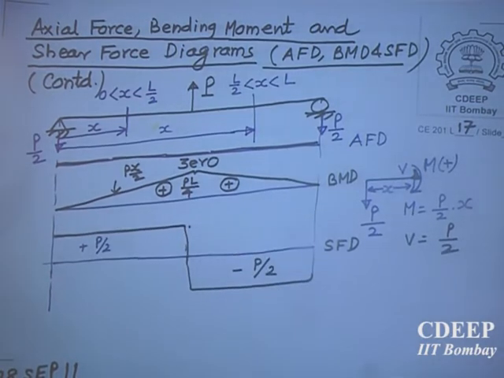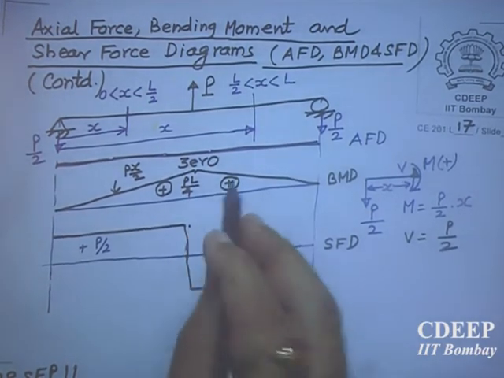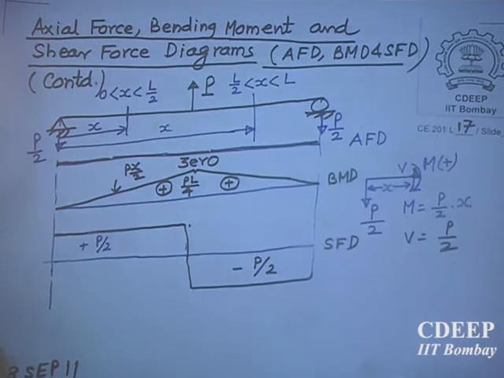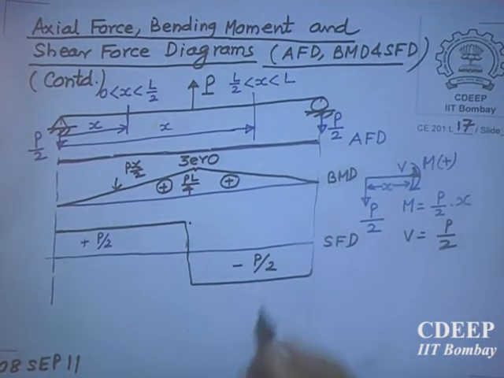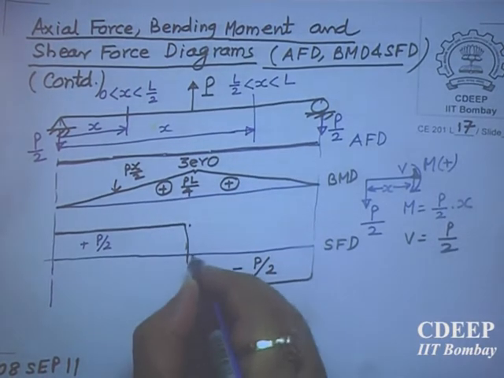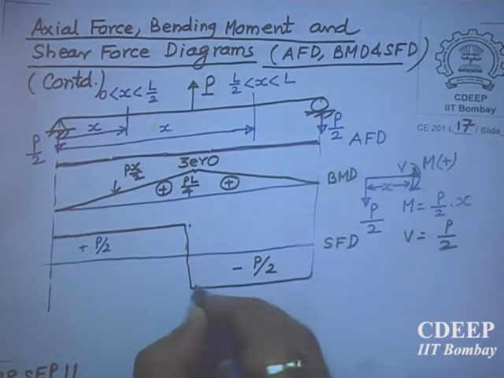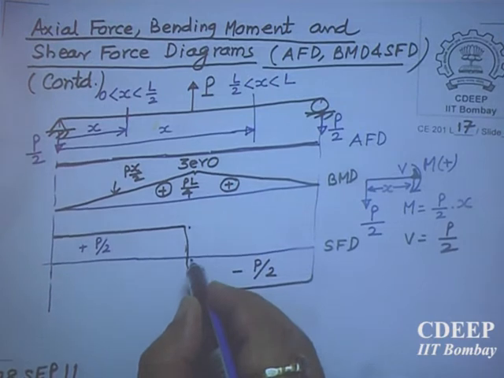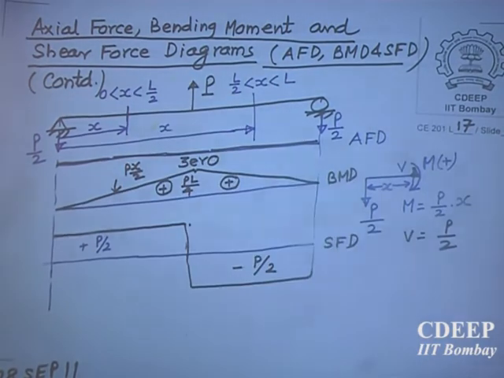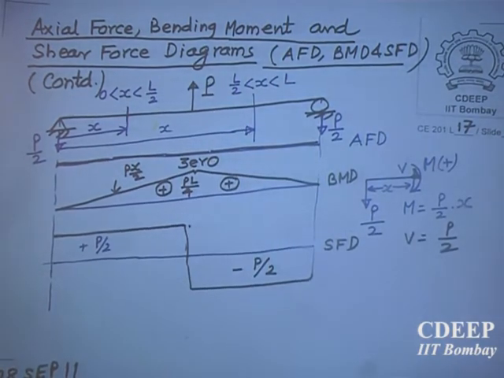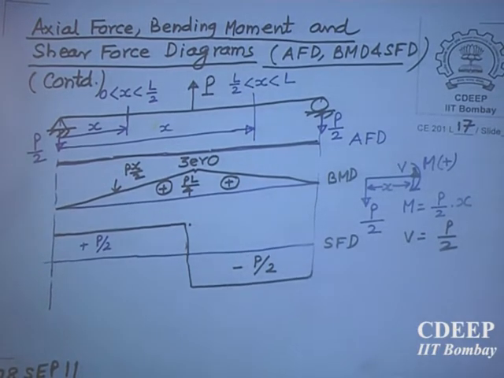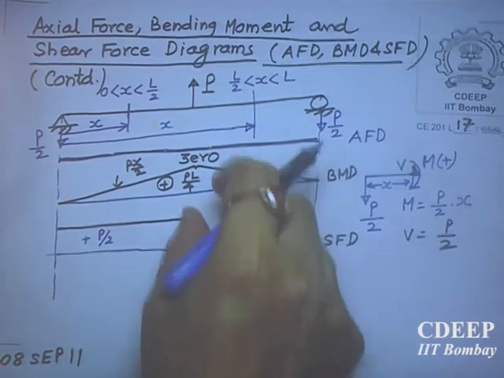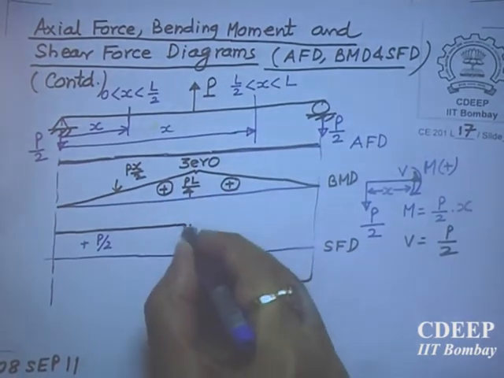Of course there is an inclination, but everybody shows it by a vertical line. But you must understand, you have found out the shear force just to the left of the center and to the right of the center. At the loaded point, I cannot find out shear force. How can you take a section where the load is passing? Either it has to be left or right. So there is a slight slope, but it changes.